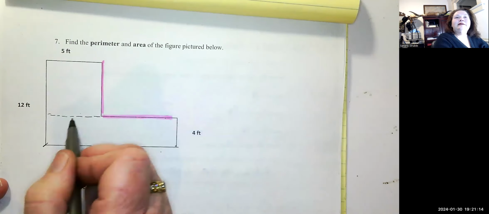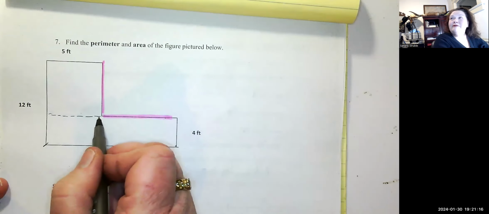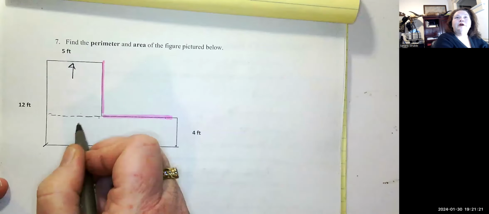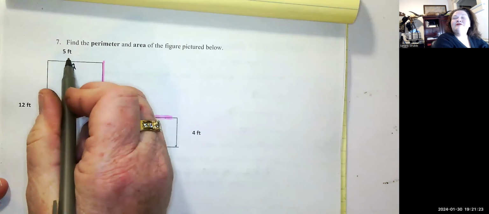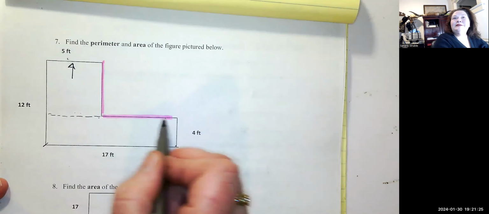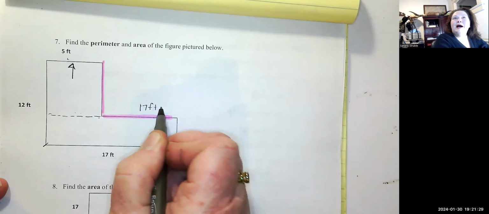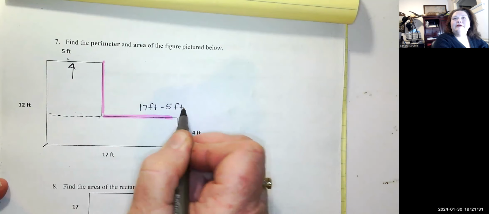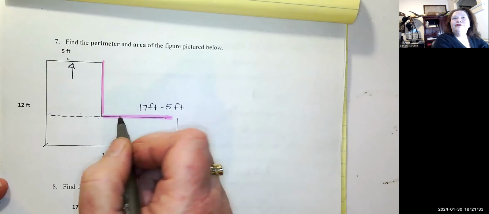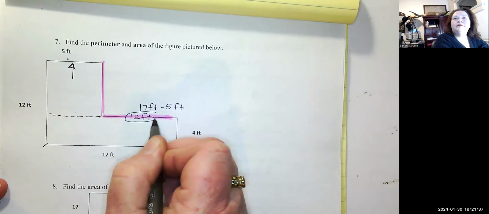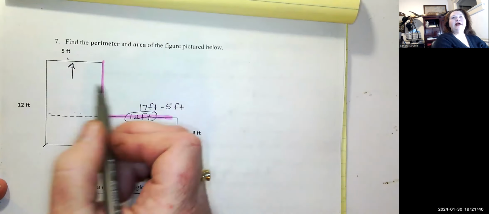But it's missing this piece right here, and we can find out what that piece is just by looking right there because it's the same size. That's 5 feet, which means this piece has to be the 17 feet minus the 5 feet. So that would be 12 feet. Now let's find this one.